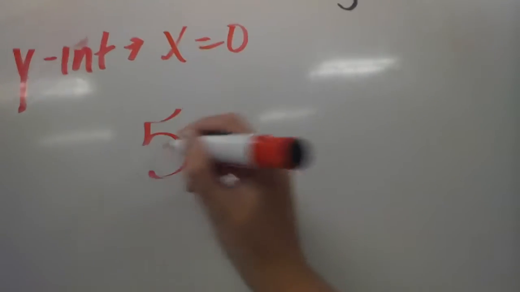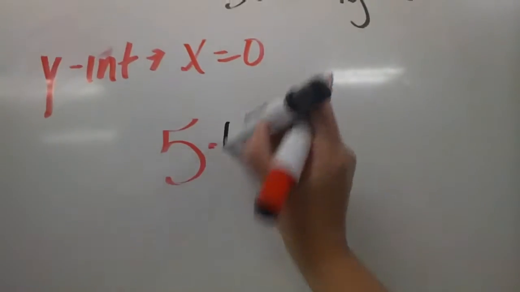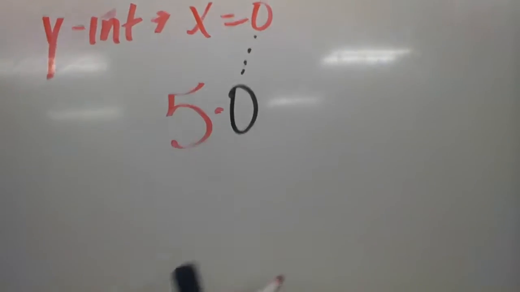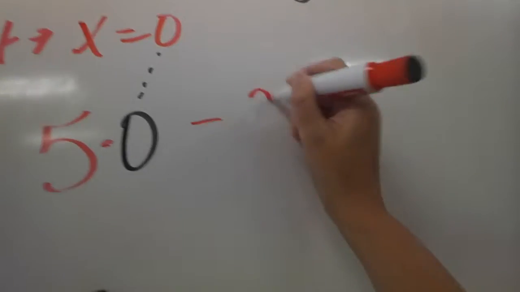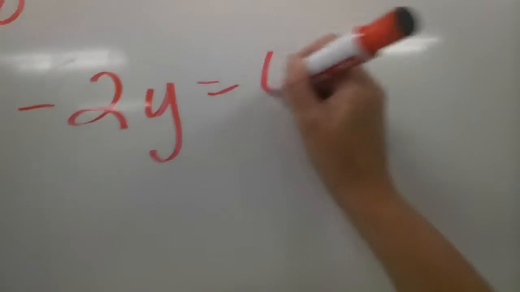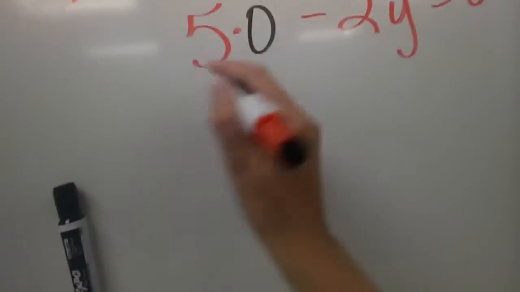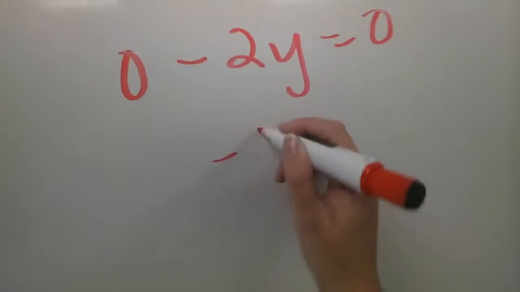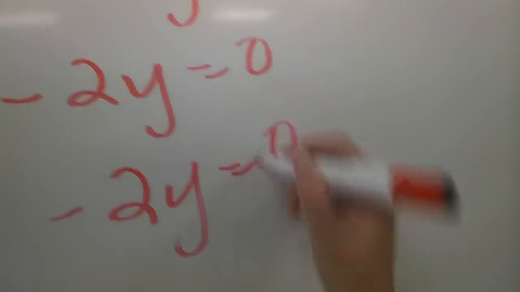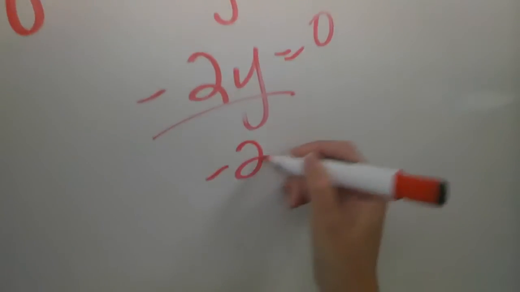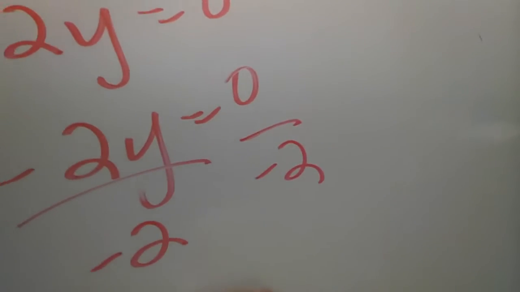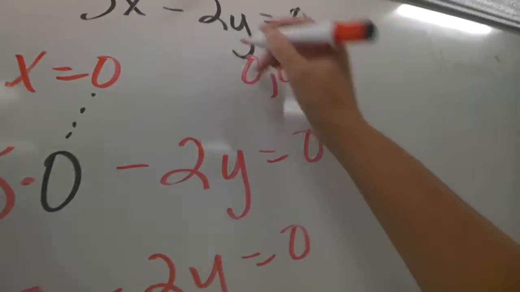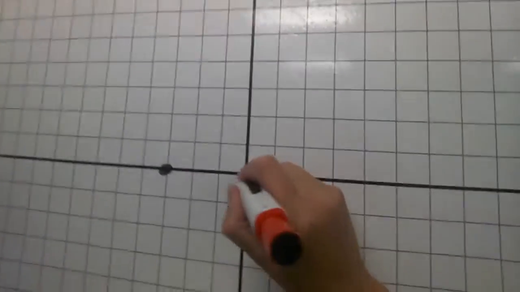So 5 times 0, minus 2y equals 0. Divide by negative 2, y equals 0. So (0, 0).